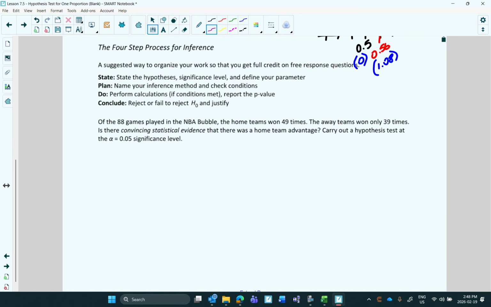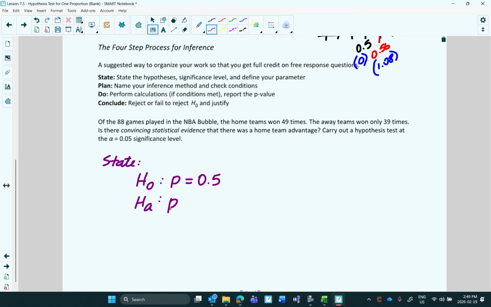And again, we're going to do the 4-step process: state, plan, do, conclude. So we're going to revisit this. This is how you should show your work. First thing, remember we're doing a hypothesis test. Under the state, this is where you state your hypotheses using numbers and symbols. So we already did that previously. No home court advantage means the true proportion will be 50-50, 50% or 0.5.